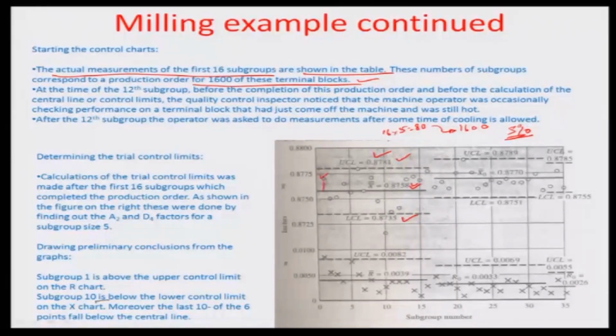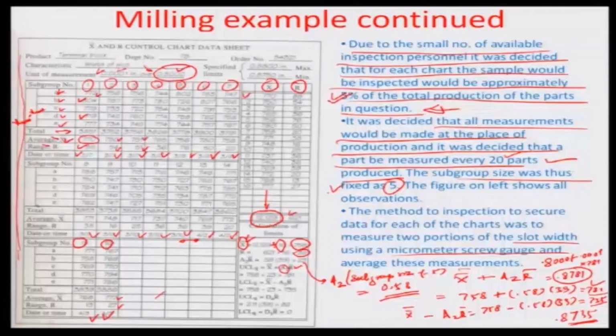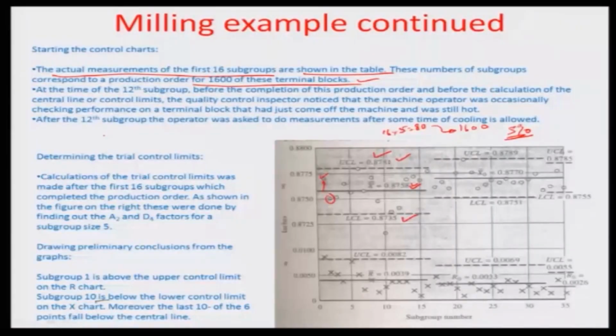It is quite away from 0.8758, as you can see. This is the second subgroup, which corresponds to 0.8750, so it is below here. So, this is the second point, then the third point, the fourth point, fifth point, sixth point, seventh point, and so on and so forth.